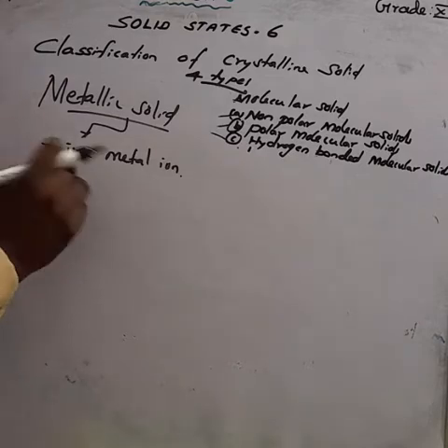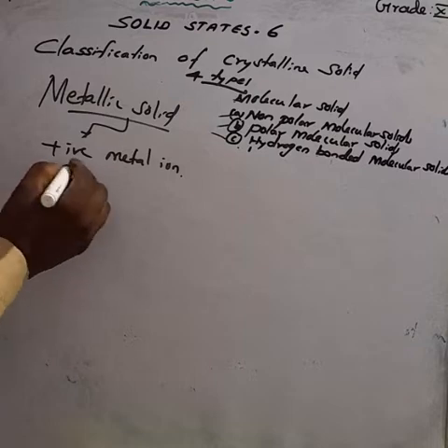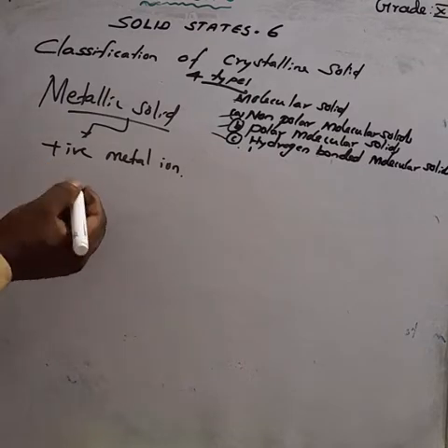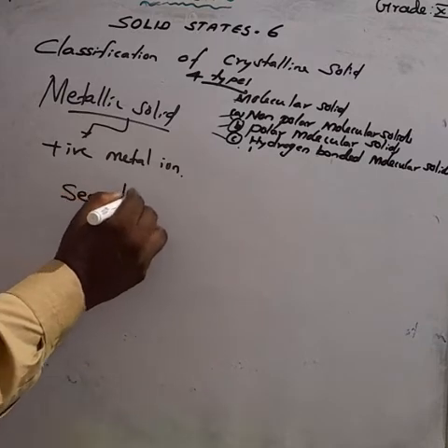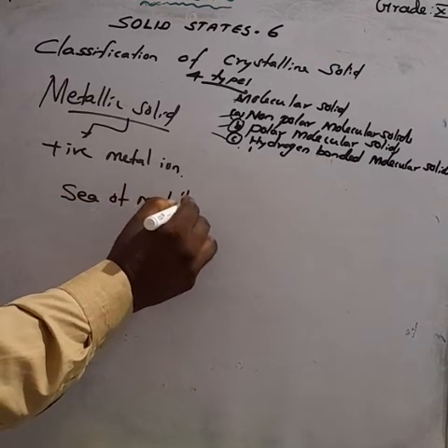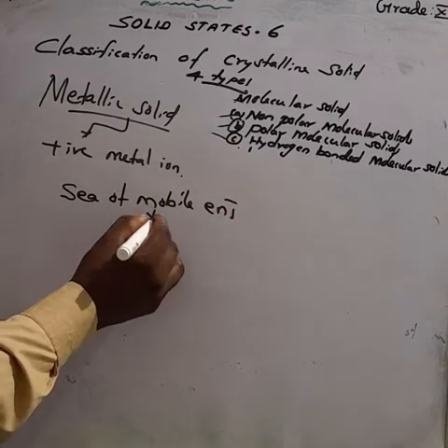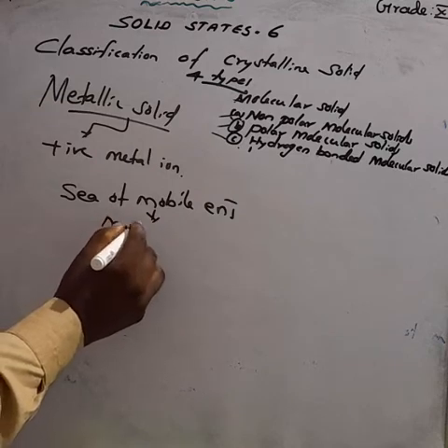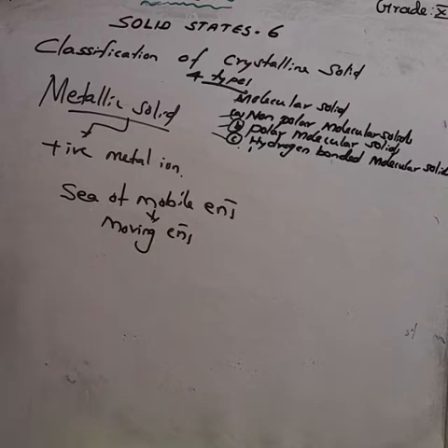In the remaining space, they have a cloud of electrons. Otherwise, we can say a sea of mobile electrons is present in the entire crystal. Mobile electrons means moving electrons. All of you know that one. Metallic solids conduct electricity.